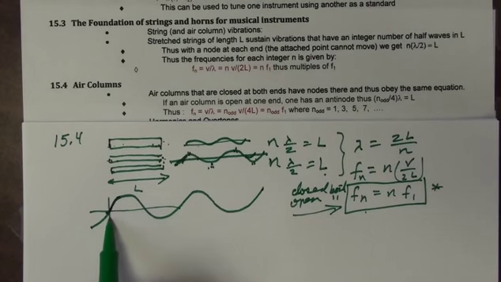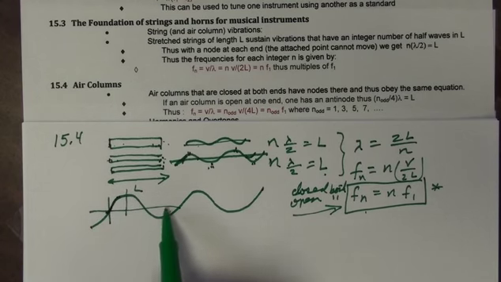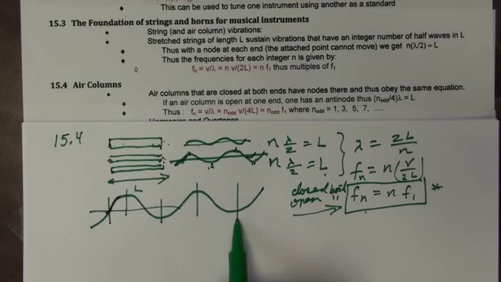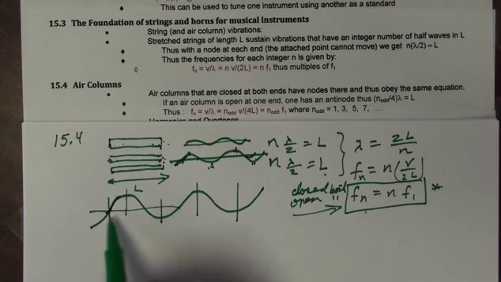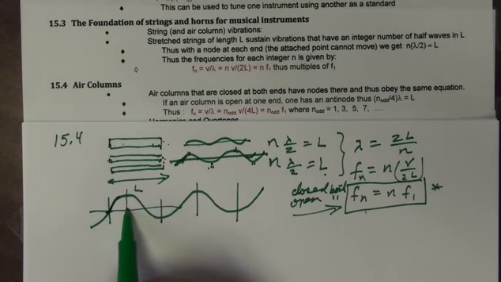And here we have a closure. And now the end could be here at an antinode, or here, or here, or here. How do we characterize that? So it can be, this actually turns out to be a fourth of a wave.